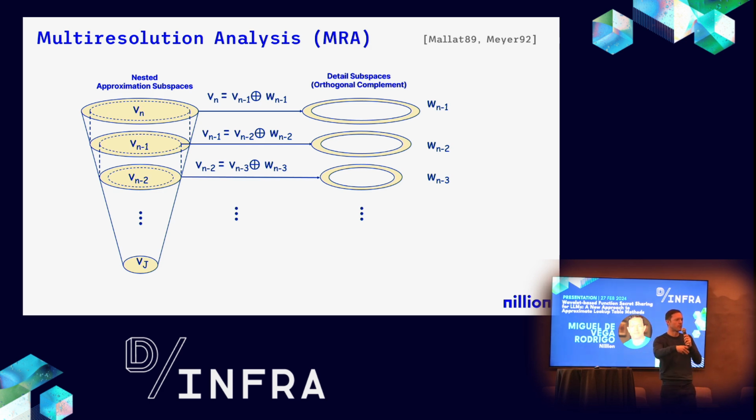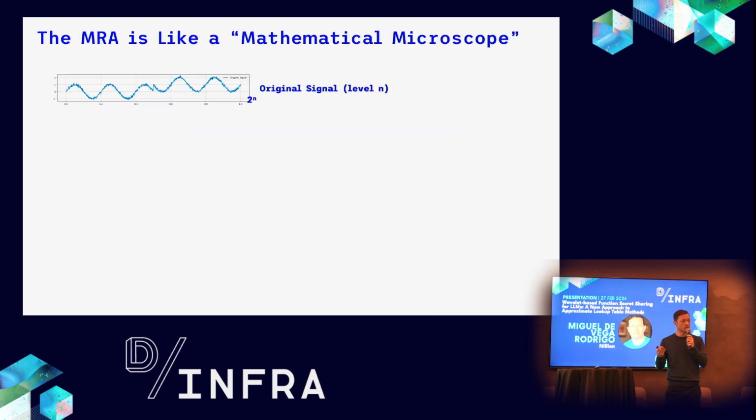It's like zooming out from a picture, losing information, making it more blurry. But at the same time, you have this other structure on the right-hand side that captures all the details, all the information that you lost when going from one approximation subspace into the next one. So altogether, no information is lost in this picture.